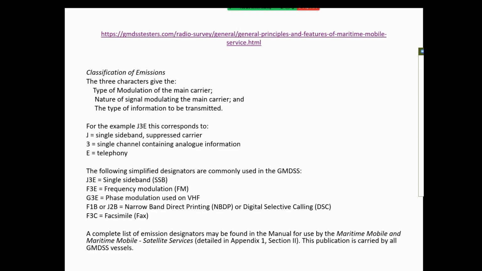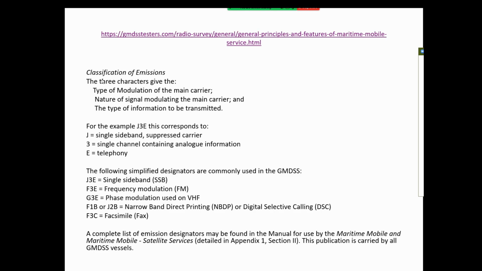All right, I guess they're going to start asking about these emissions. So I'm going to break it down a little bit. There are 3 characters, and the first example is going to be J3E. And we use that quite a bit. That's in effect synonymous, for our purposes, with single sideband.